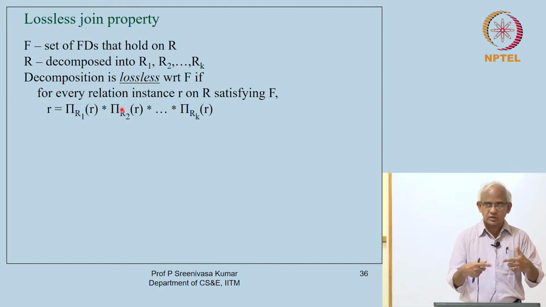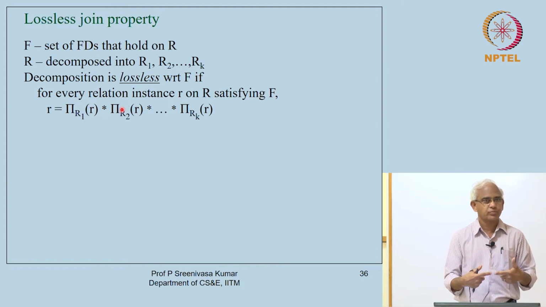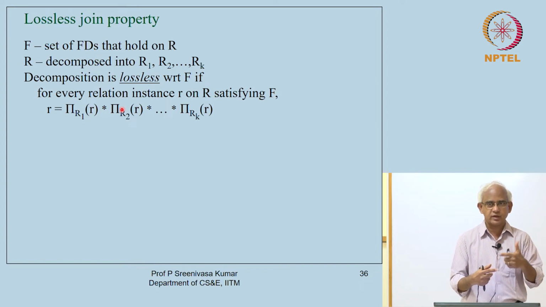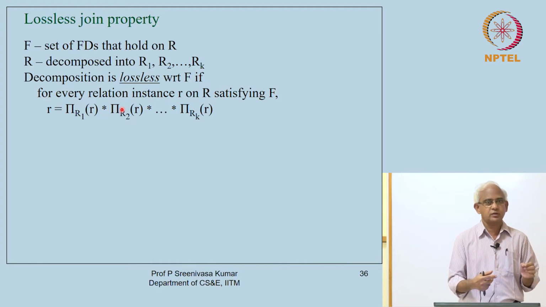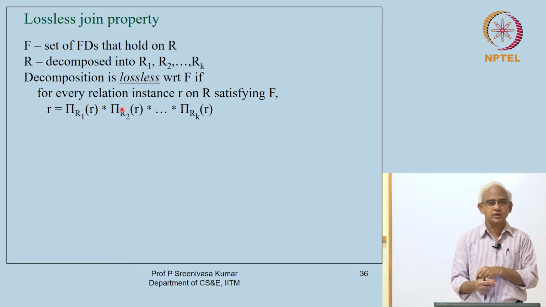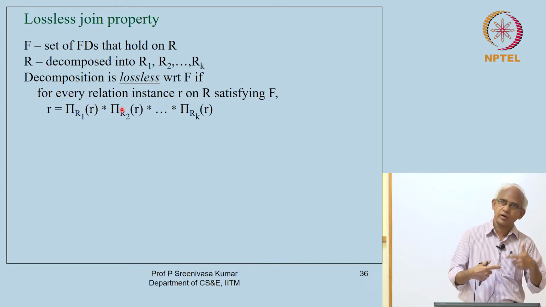Because these two tuples exist in those individual relations, you will get back your original tuple because these two things join. They have some common attribute, and the common attribute value will go into the left hand side tuple, and also into the right hand side tuple. So when you do an equijoin, these two tuples will agree on that common attribute, and so you will get back your original tuple.